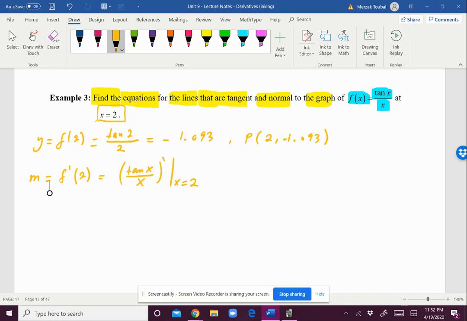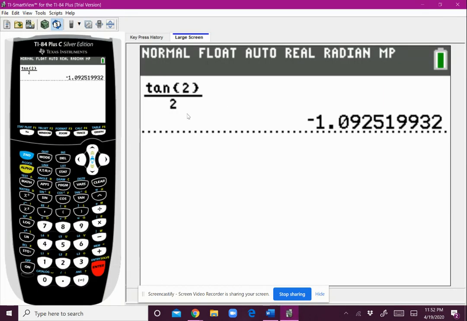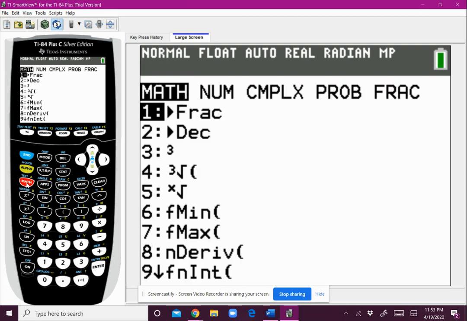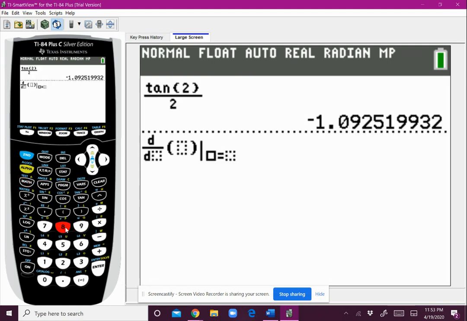For this, we're going to use the calculator to find the derivative. Go to math, and in the menu, number 8 says the nth derivative. So you want number 8. Now it says d, which is derivative, and on the bottom it says d, flashing a and then a box.